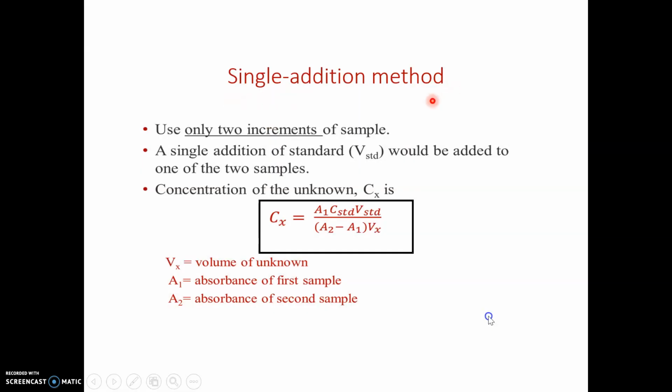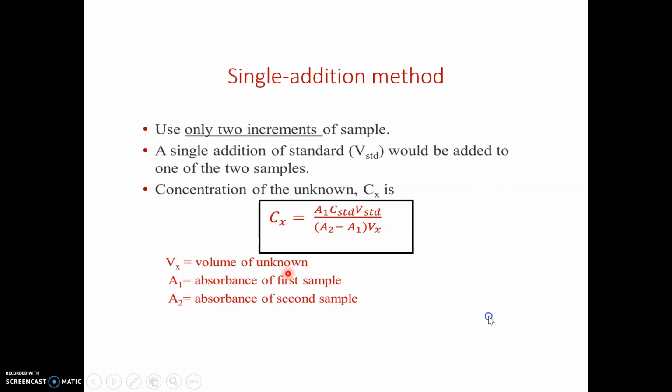For the single addition method, we only use 2 increments of sample, or 2 flasks. Both flasks we add with the real sample or unknown solution, but into one of them we will not add the standard. Into the other flask, we add standard solution. The concentration of the unknown can be determined using this formula.